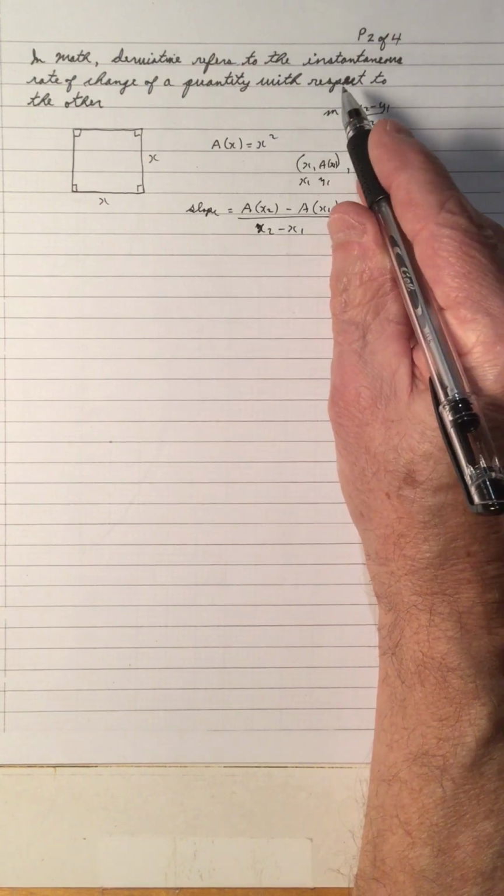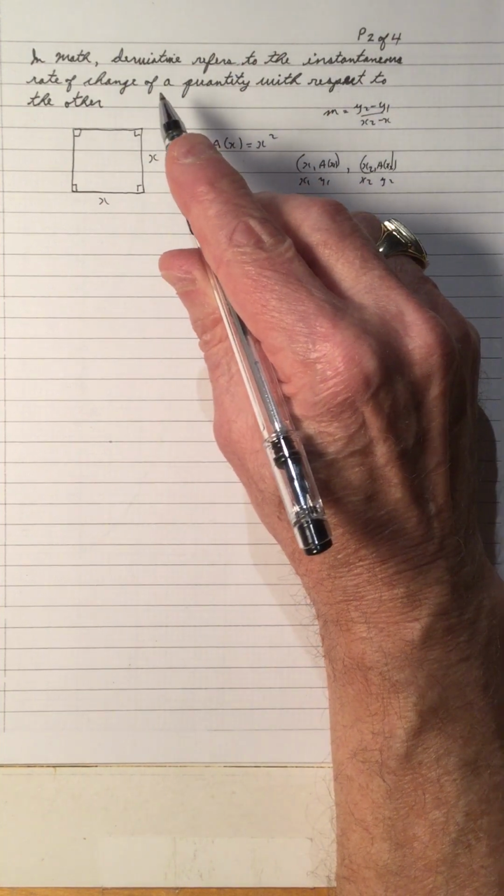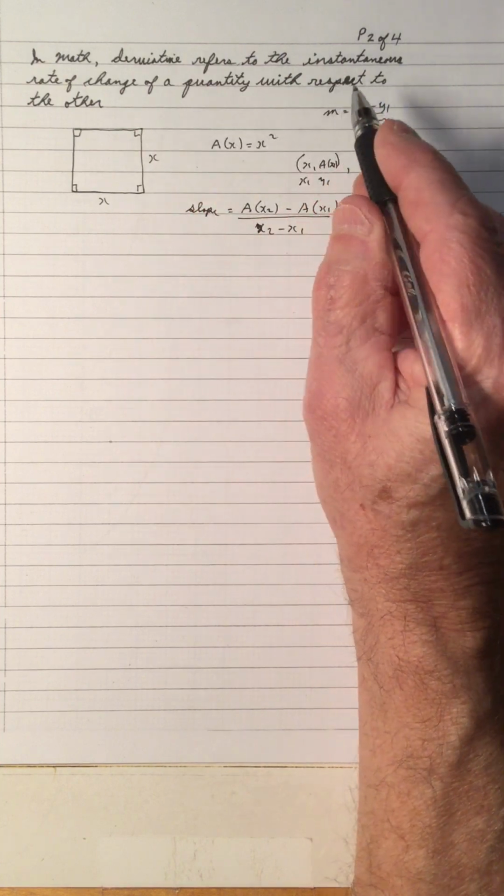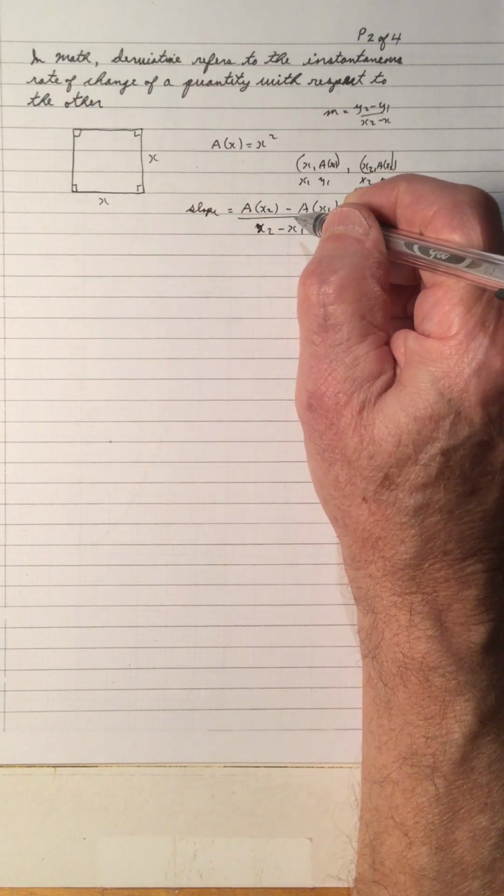So the instantaneous rate of change, which is representing the derivative, is the rate of change of the area as a function of the length of its side.